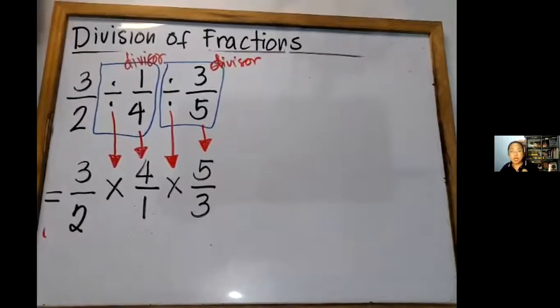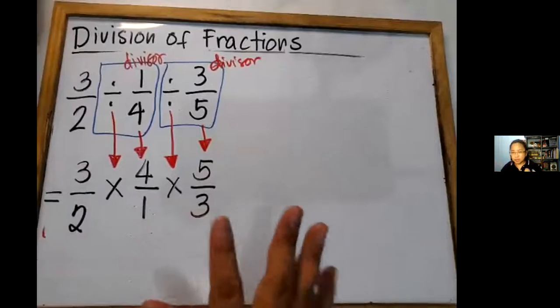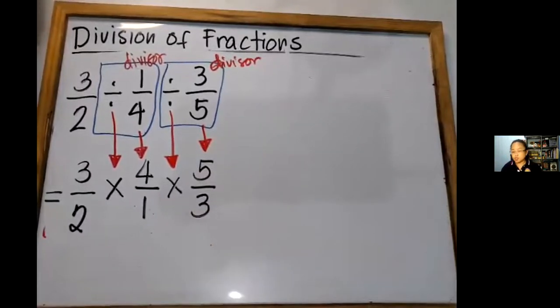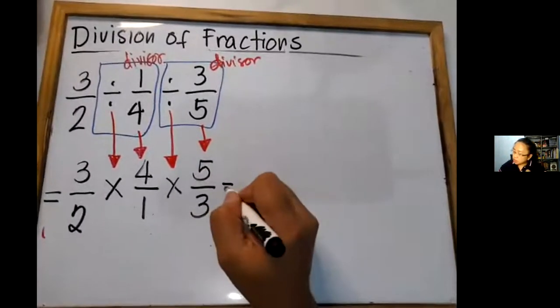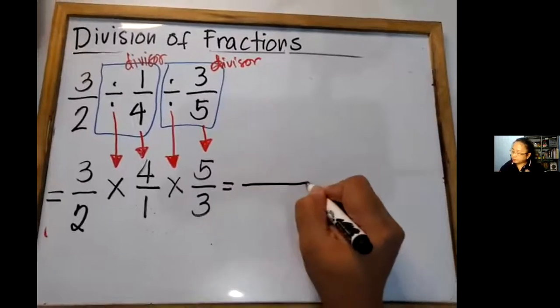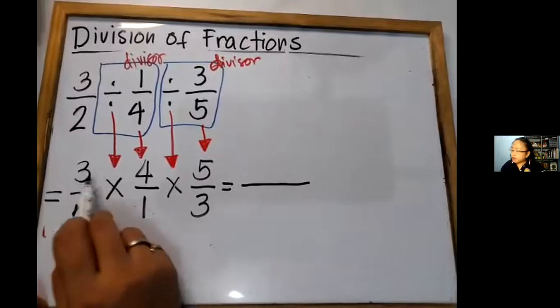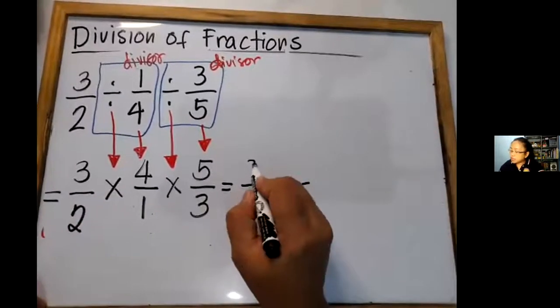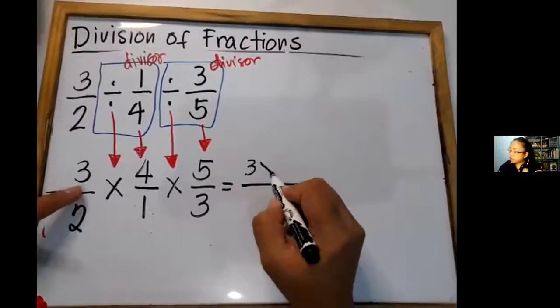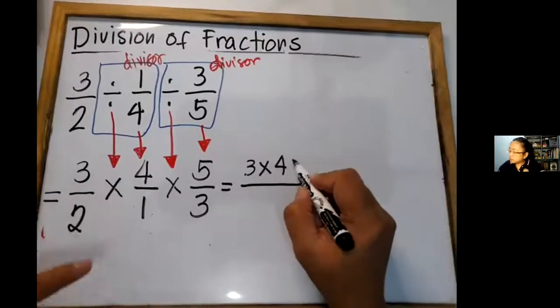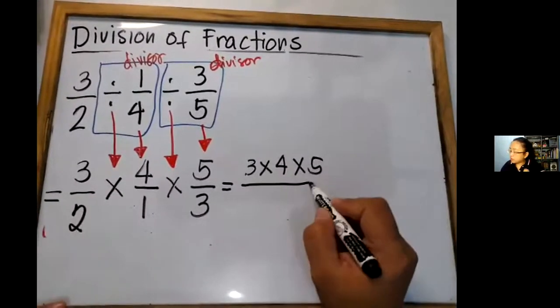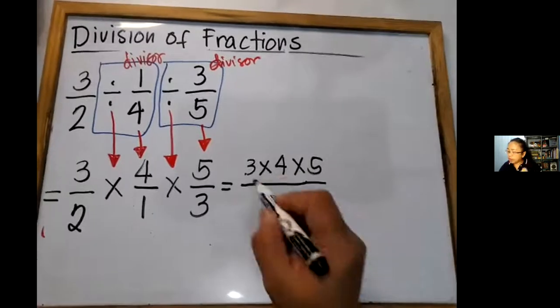So, dahil wala na tayong division symbol, multiplication na siya lahat, pwede na natin i-carry out yung operation. Okay? So, let's make the bar line longer. So, we'll have the numerators all together, 3, 4, and 5. That's 3 times 4 times 5. Extend pa natin. Baka mahulog yung 5.